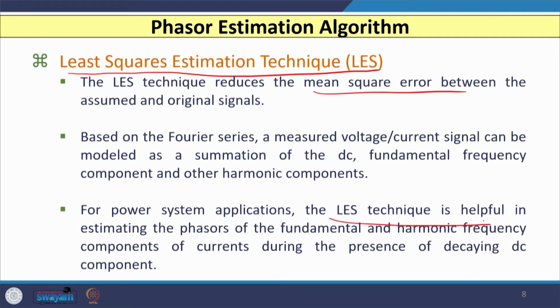We will see how it performs better. So, when decaying DC component is present, then instead of utilizing DFT or cosine transform or any other recursive DFT or any other extended version of DFT algorithm, we must go for the LES technique.